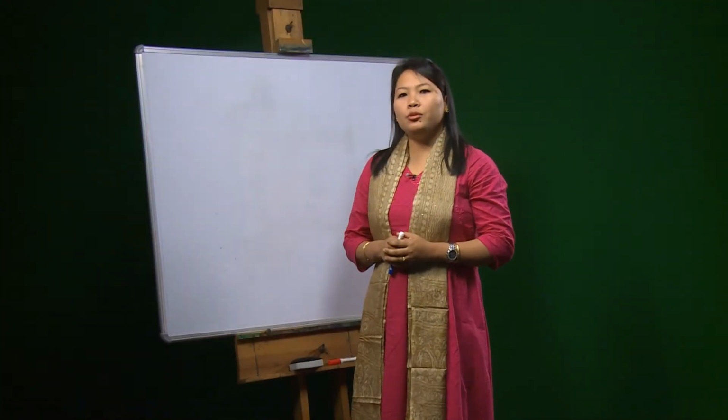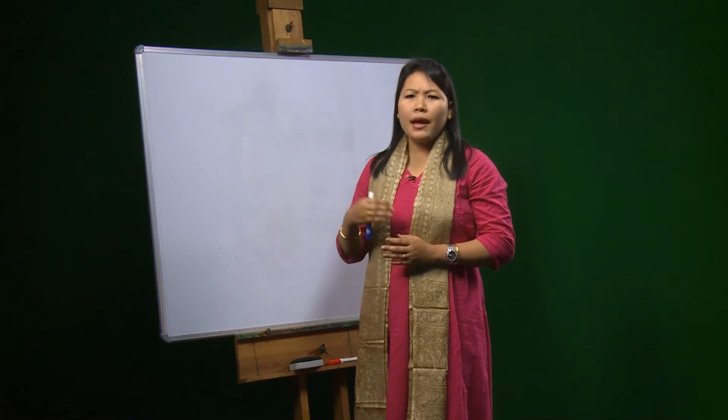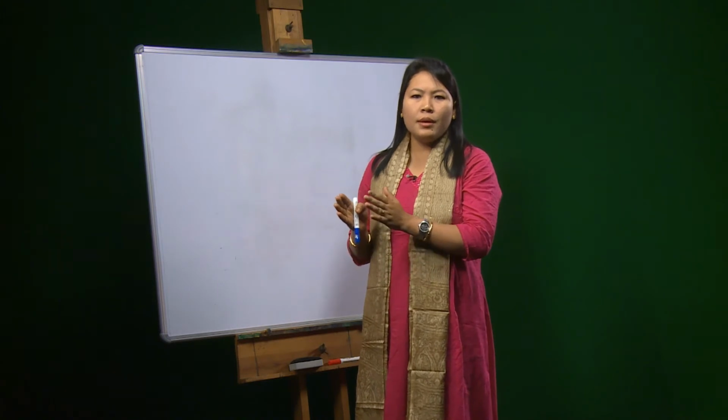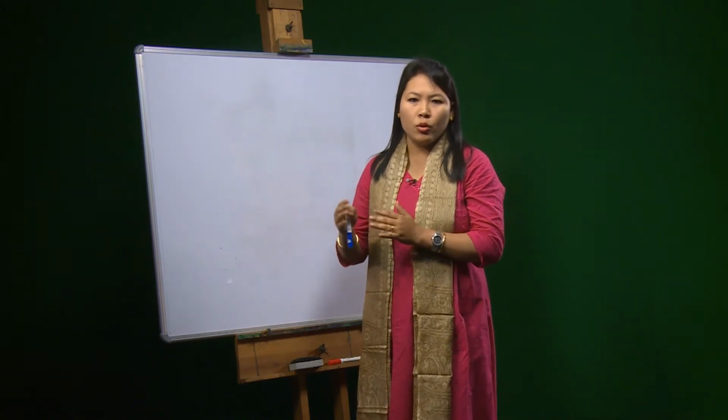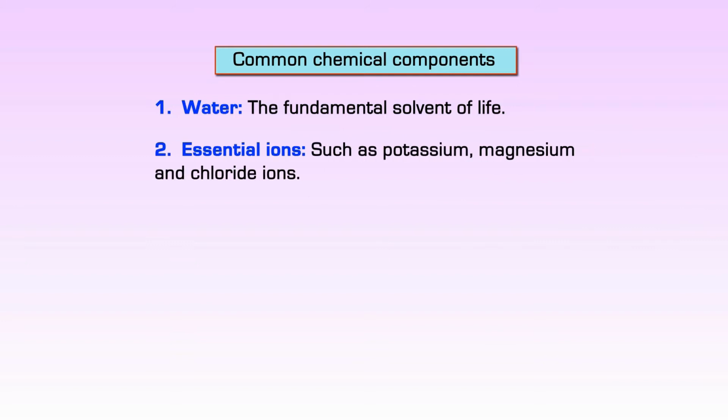Now we'll come to the biochemical composition of bacteria. In addition to this, all cells also share some chemical components, which include, the first one, water. Water, we all know, is the fundamental solvent of life. The second one is essential ions such as potassium, magnesium, and chloride ions.